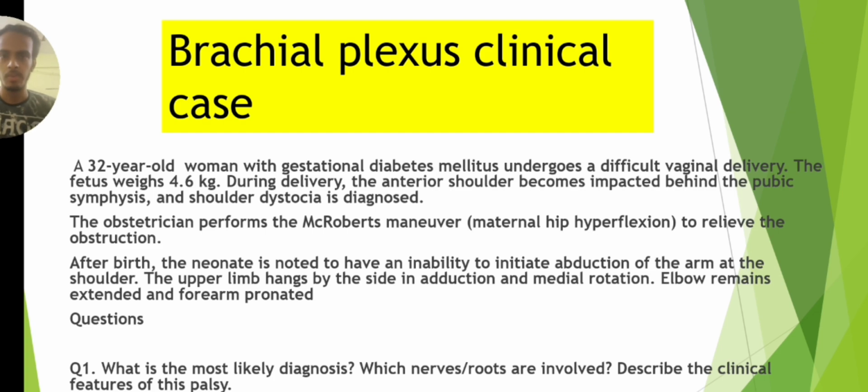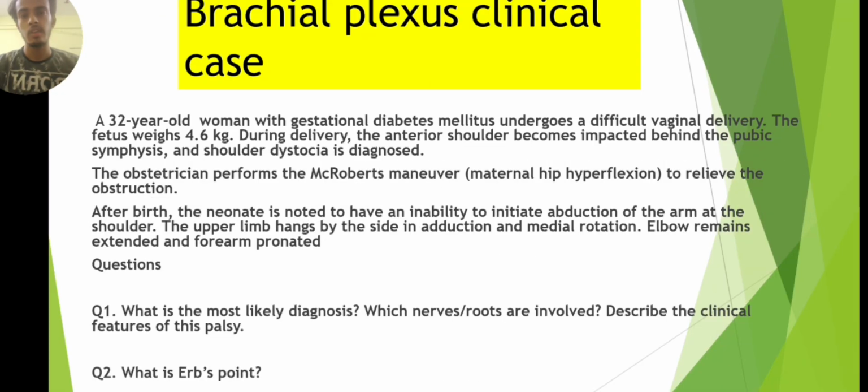Now the obstetrician has to perform some maneuver, and this maneuver is not very important as such in the first year scenario. In this scenario, the maternal hip got hyperflexed, and as a result the obstruction will be removed from that side.